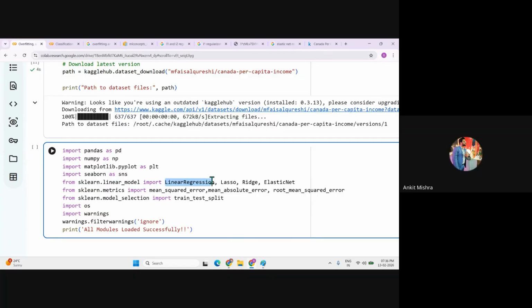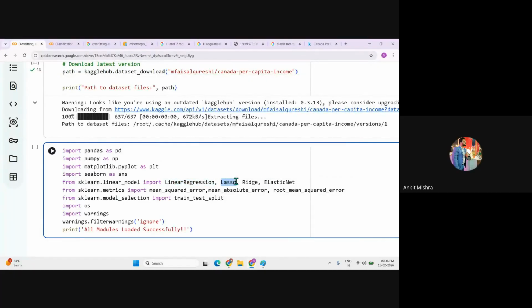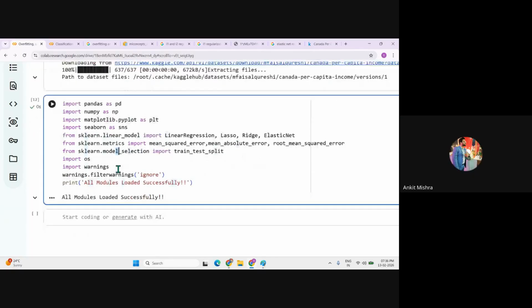Linear regression generally gives a balanced fit, but if we are getting overfitting, this can be removed by the L1 technique. The second is the L2 technique, and the third is the L1 plus L2 technique. Is there any doubt related to this?